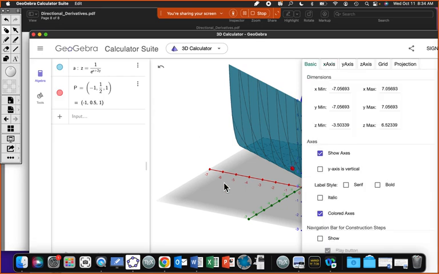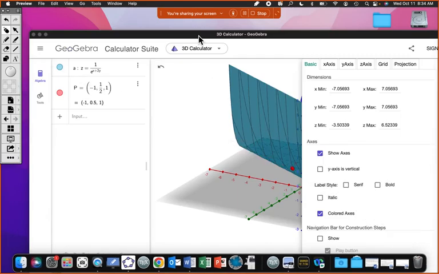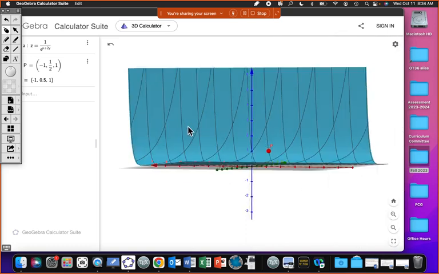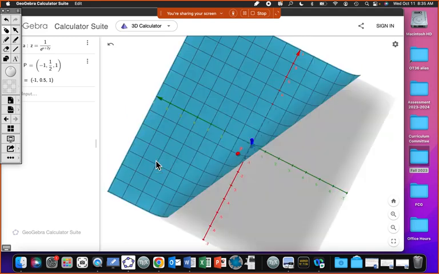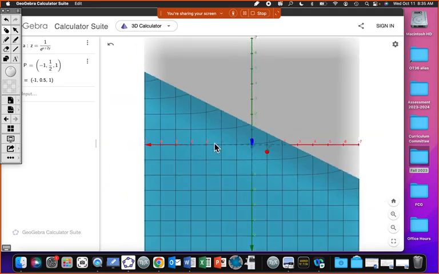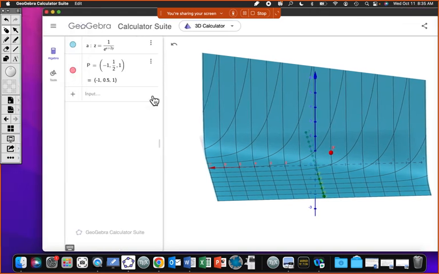There we go. Okay, there it is, right there on the surface. Now we're going to put in our normal vector here. What was the vector? (1, 2, 1).